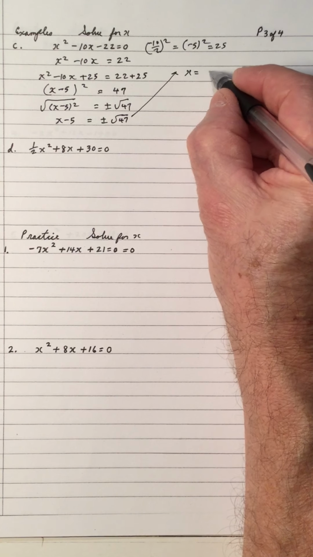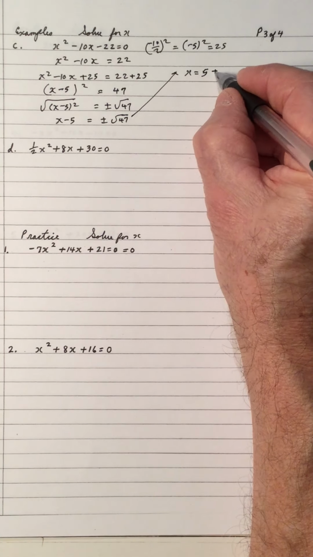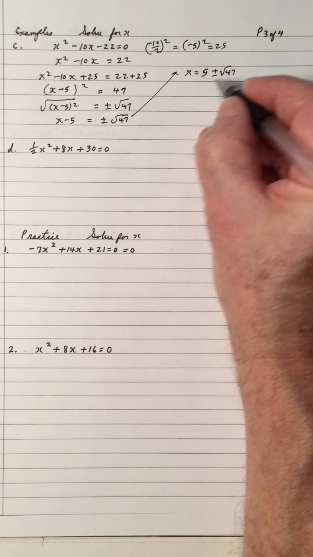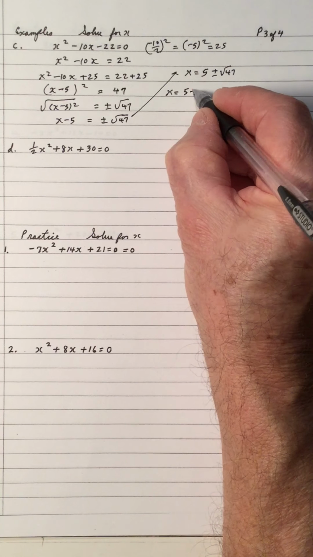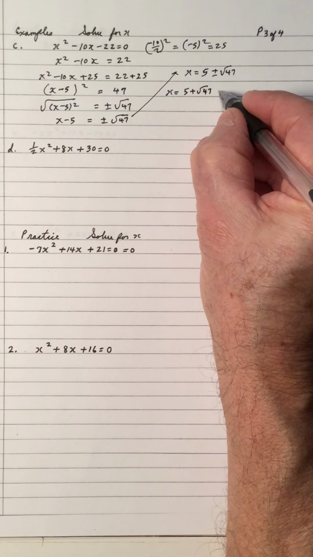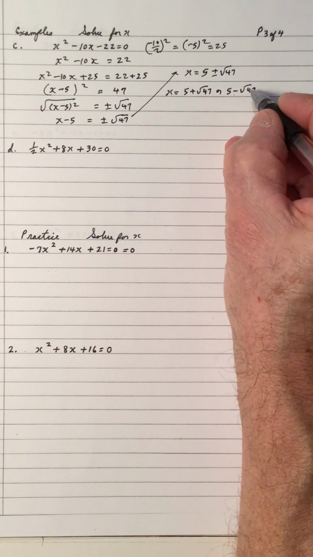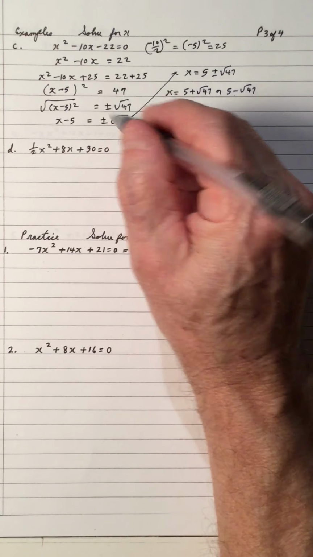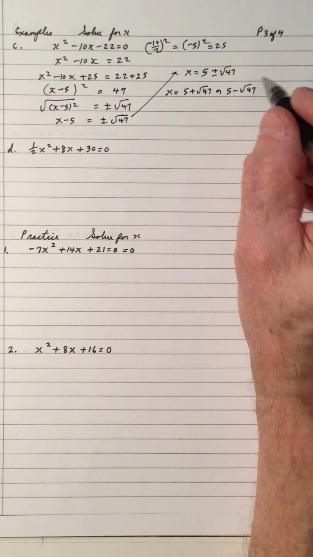So x is equal to 5, negative 5 moves over to become plus or minus the square root of 47. We could leave it like that, or we could say x is equal to 5 plus the square root of 47, or 5 minus the square root of 47. When we say solve for x, we mean to find the exact values. It leaves the radical as it is.